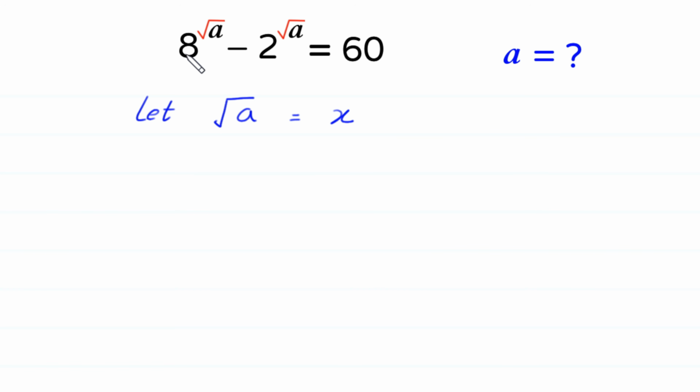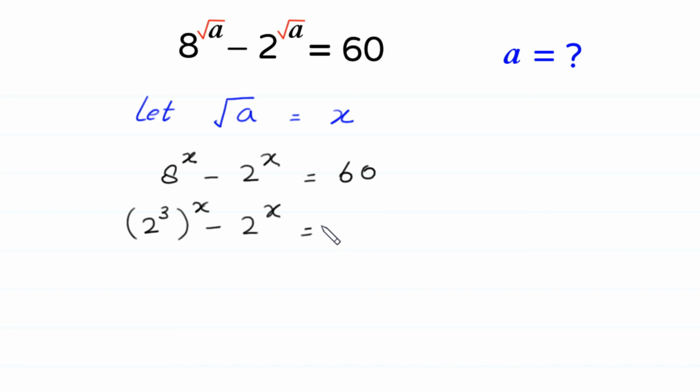Then this equation becomes 8 to the power x minus 2 to the power x is equal to 60. Next, we can write this 8 as 2 to the power 3, whole to the power x, minus 2 to the power x is equal to 60.